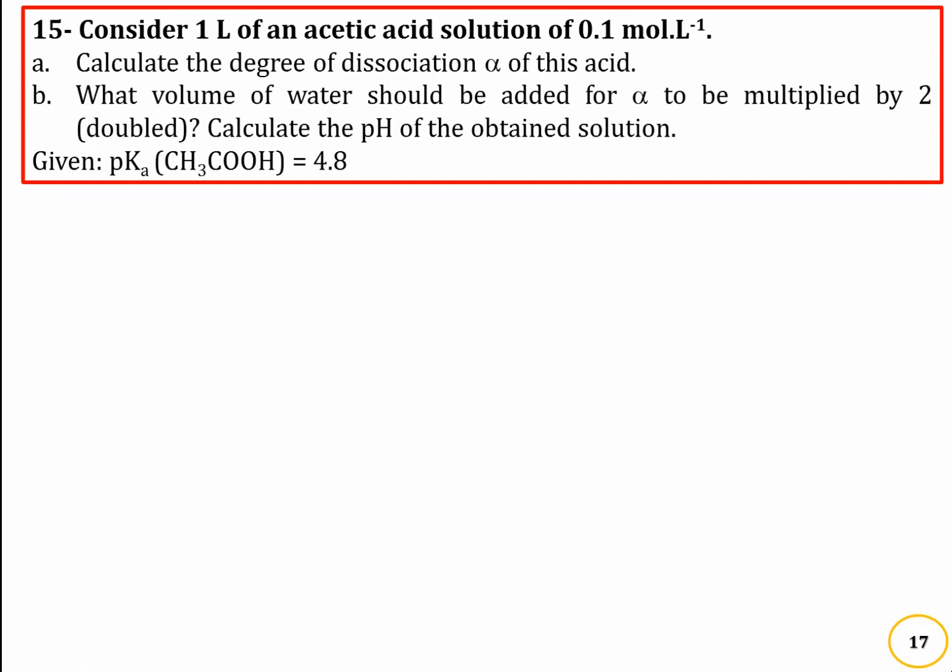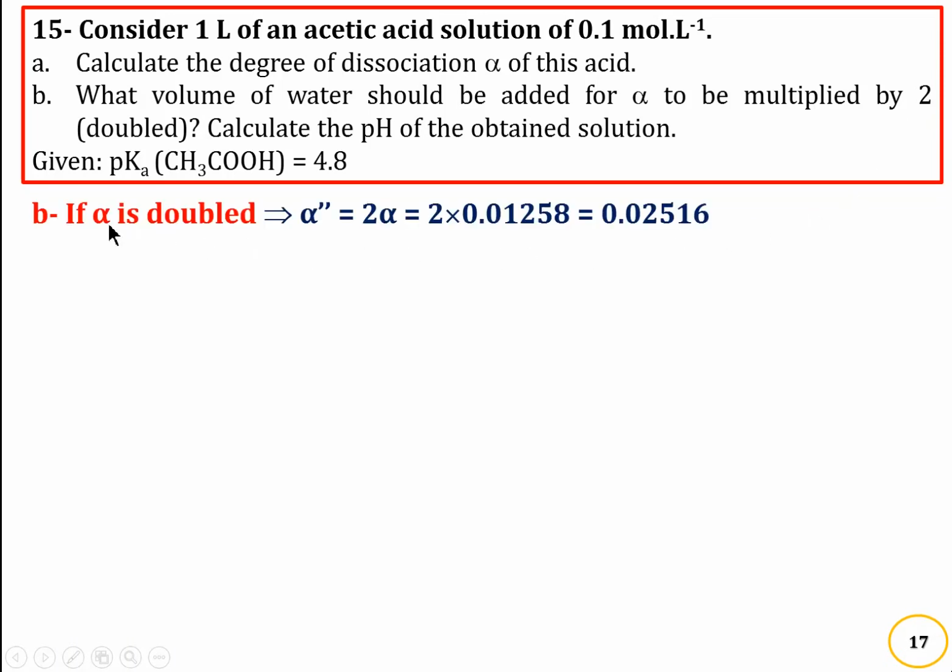The question is, what dilution factor should be applied, or what is the volume of water added in order to have a new alpha which is equal to two times the initial alpha before dilution? So if alpha is doubled, I will name it alpha second. So alpha second equals 2 alpha, so equals 0.02516.